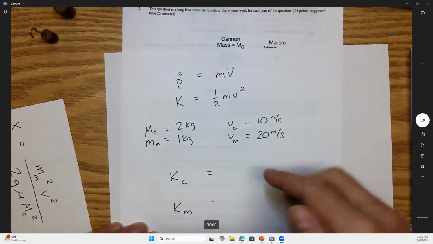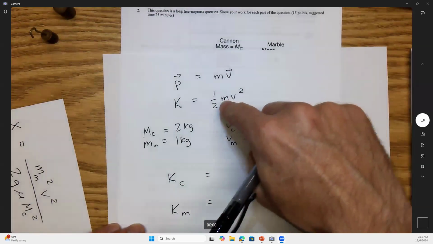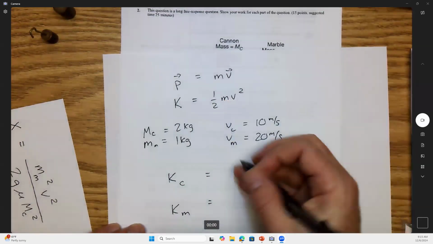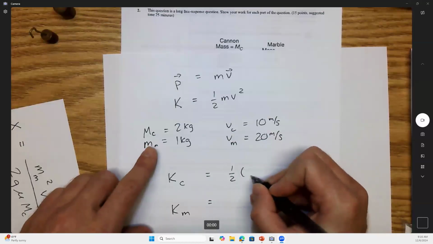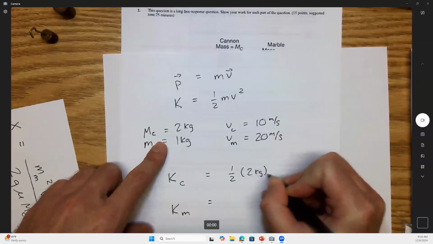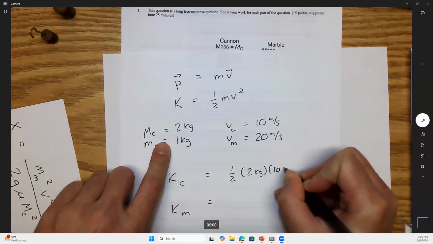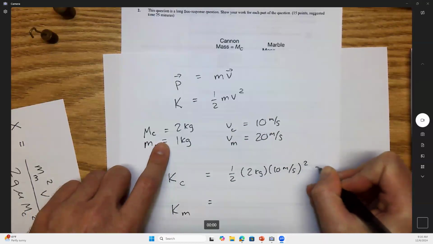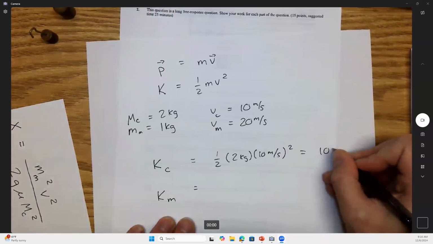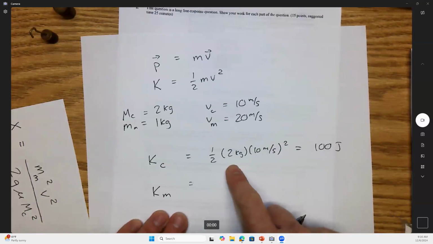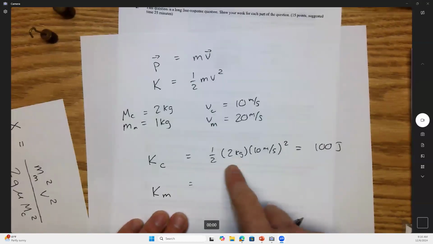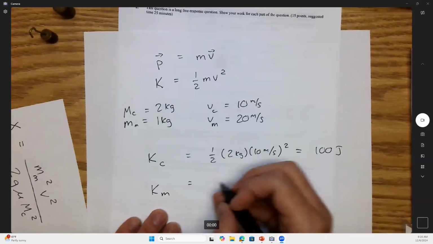So if you have half the mass but twice the speed, how's that going to work out? 1/2 times the mass of the cannon, 2 kilograms, times the speed of the cannon, 10 meters per second, squared. That's 100 joules. By the way, look for that: if you're running a kinetic energy equation, AP likes to pick 2 kilogram objects because the 1/2 and 2 cancel out really nicely.